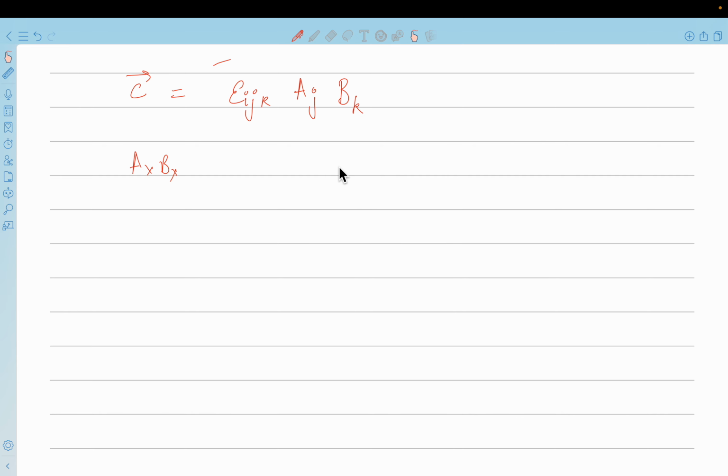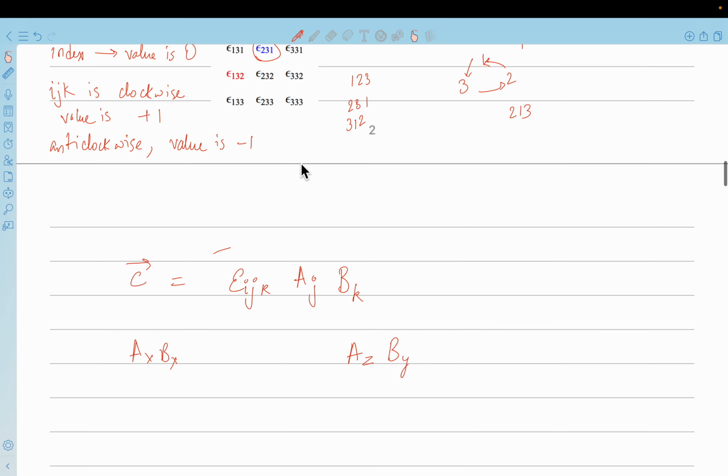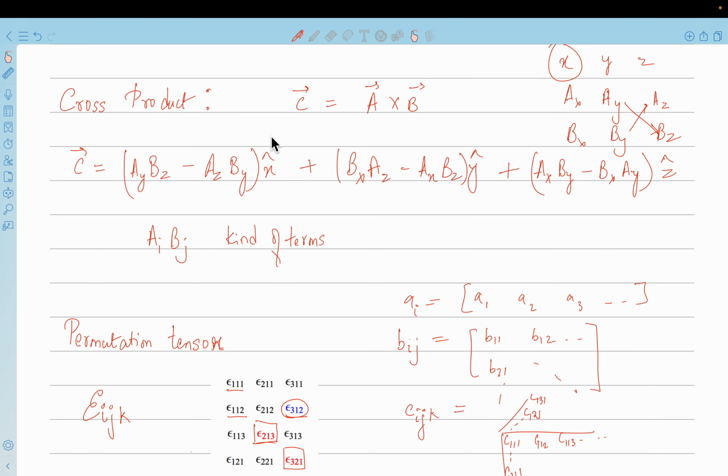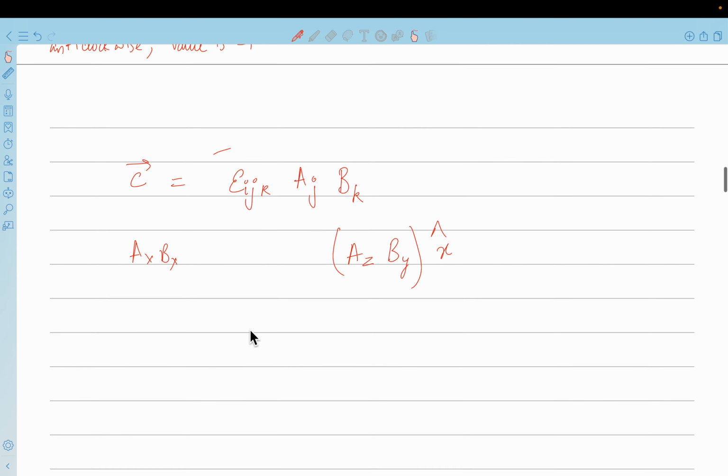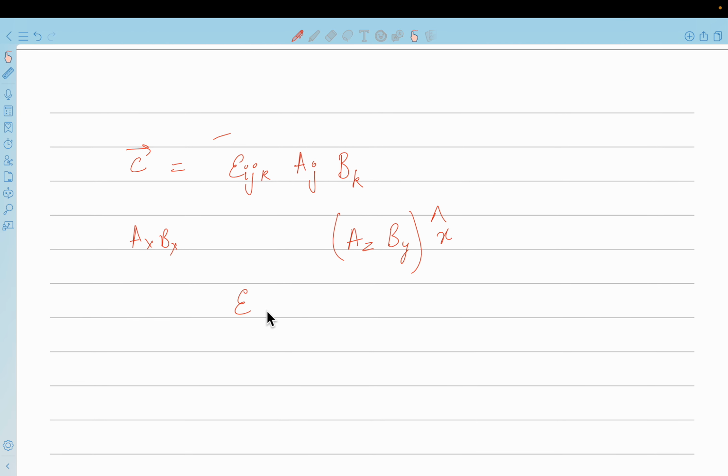Now the other thing you see, ay bz is positive, but az by is negative. So if I take az by, and I'm talking about the x component, so this is in the x cap, then what is the entry? Epsilon in x cap, so i has to be 1, j will be z, which is 3, k will be y, which is 2.